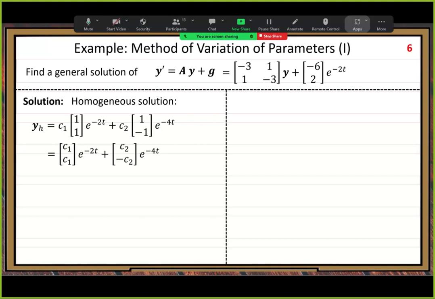Two E functions using two eigenvalues. Then the coefficient part, vector coefficient: first, second, two vector coefficients. And we know they are constant coefficients for the homogeneous part.